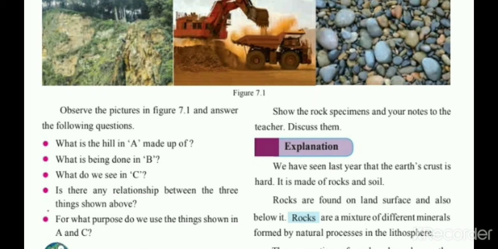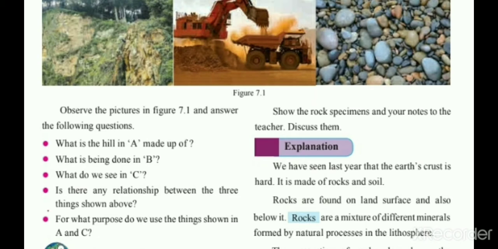Let us see the last question, which is, for what purpose do we use the things shown in A and C? Picture A is a mountain made up of big rocks, and the third one is small stones. So what is the purpose of using A and C?